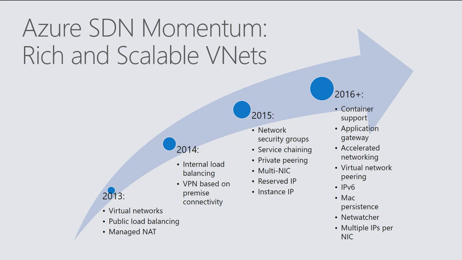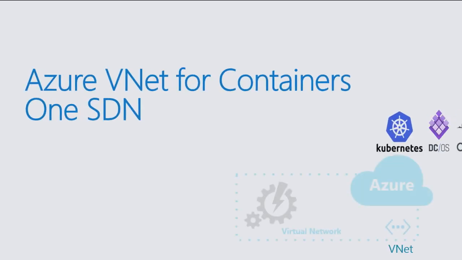Now we are happy to extend all of these SDN benefits also to containers. When you run a Docker container in Azure, we want the container to connect to the network that you have already created in Azure, and use all the benefits. What we're calling this is Azure VNet for containers.